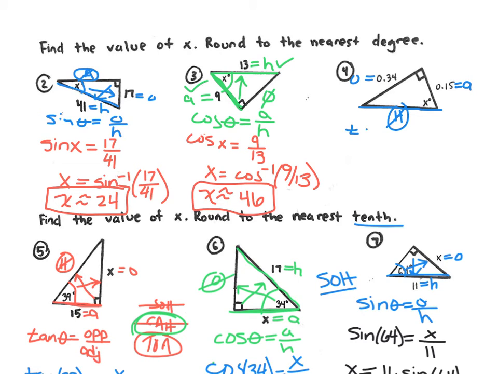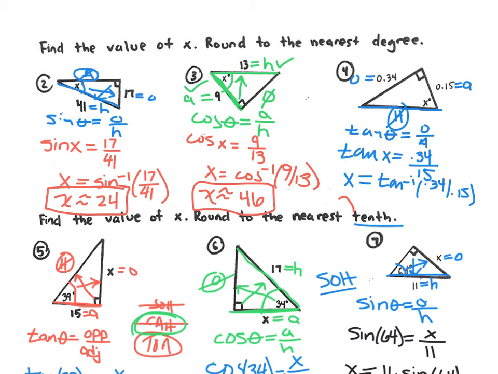This would be tan theta, TOA is O over A, which means we get the tangent of x equal to 0.34 over 0.15. And we're going to arc tangent or inverse tangent the other side. And our answer is approximately 66. So that angle is 66 degrees.